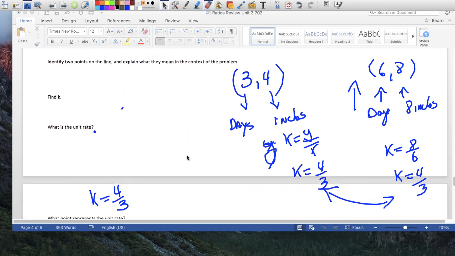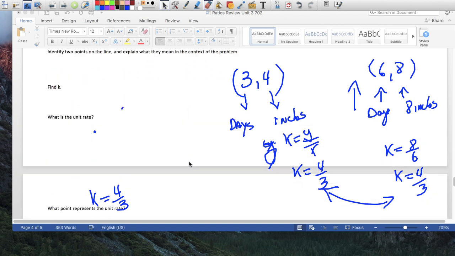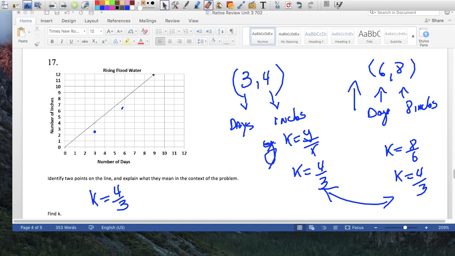That's how much it rains. And what point represents the unit rate? Well, the point that represents the unit rate is this one. If you can see it, before I made a mess there, it's definitely 1 day, right? So the unit rate is over 1 day. Let me write better: 1 day, and inches on top.